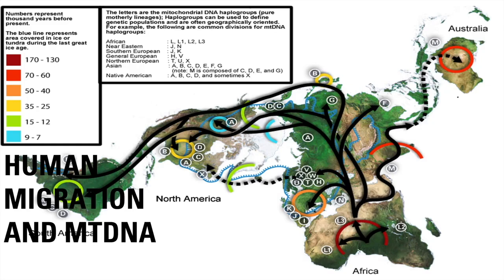And since they have the same single nucleotide polymorphism mutation, you can conclude that they came from the same lineage, the same ancestors. So there are the mitochondrial DNA haplogroups and the Y-DNA haplogroups. When you say mitochondrial DNA haplogroups, these are pure motherly lineage.